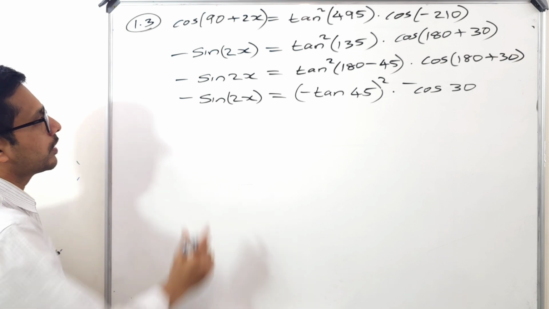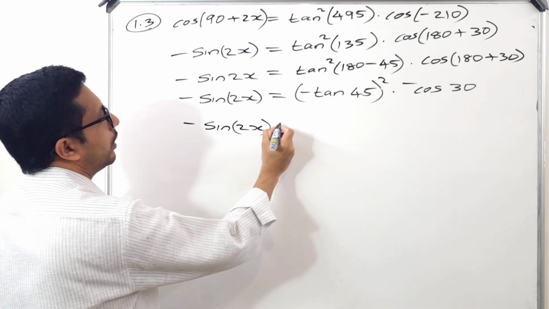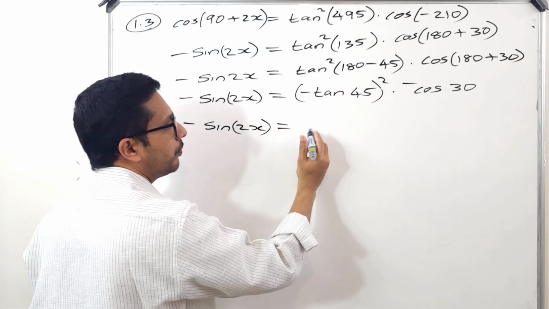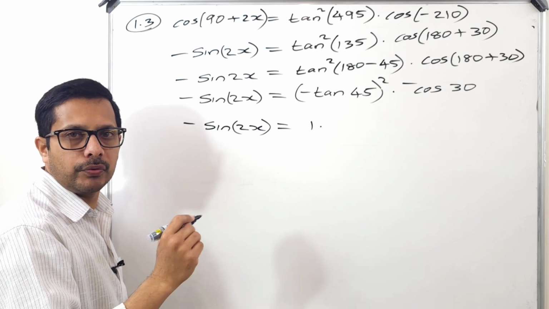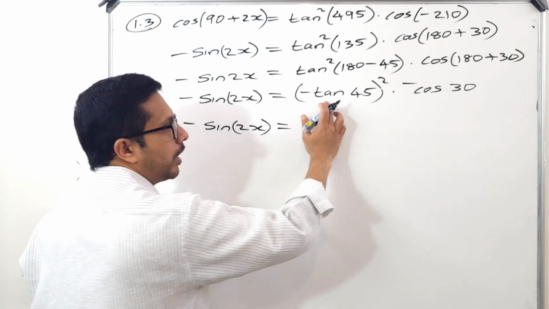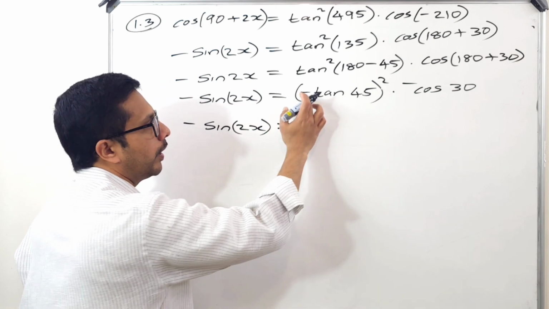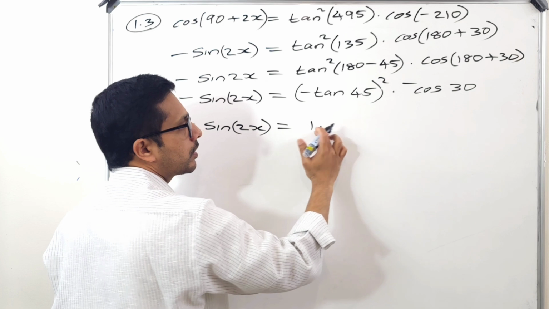Now look at the next step. So here it is minus sine 2x is equal to, minus squared is positive. Tan 45, what is the answer? That's a special angle. The answer is 1. Tan 45, or you can check in your calculator. Tan 45 is 1. 1 squared is the same, 1.